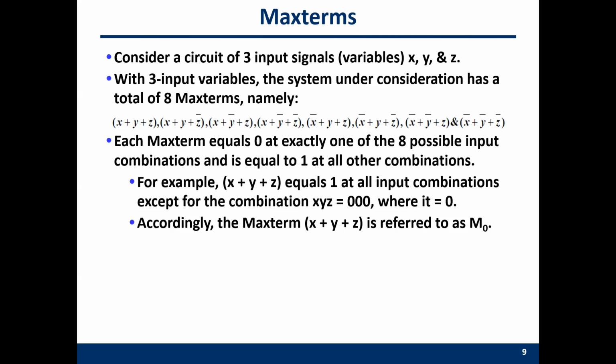So a maxterm is 0 for one particular input combination, but for the other 7 input combinations, its value will be 1.